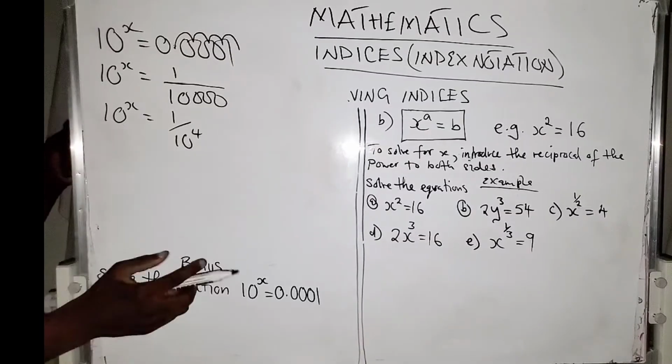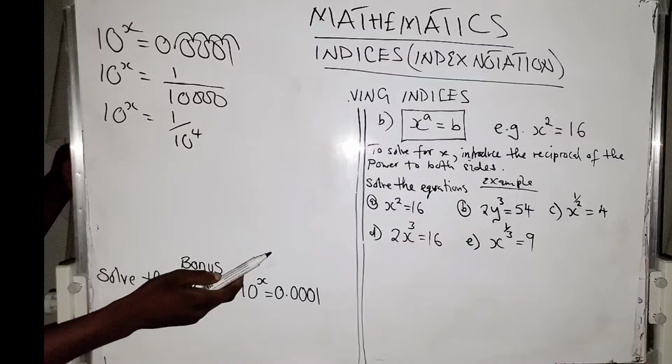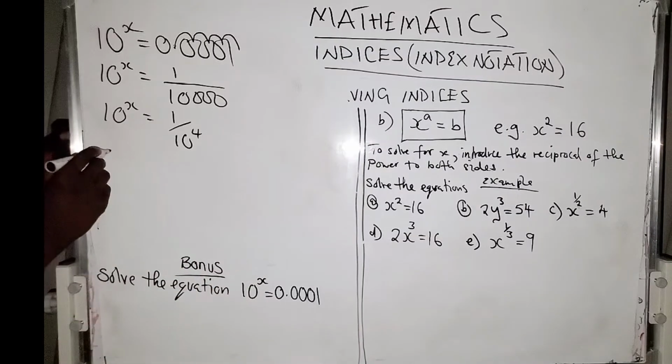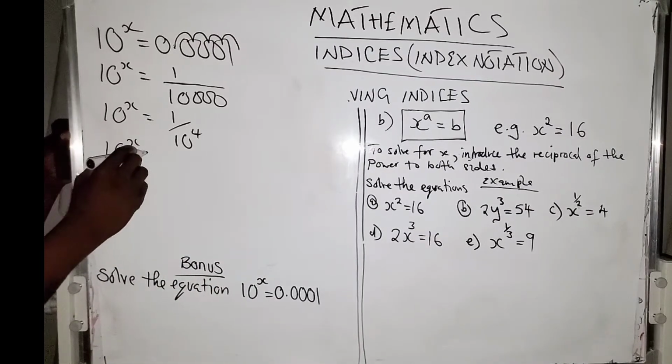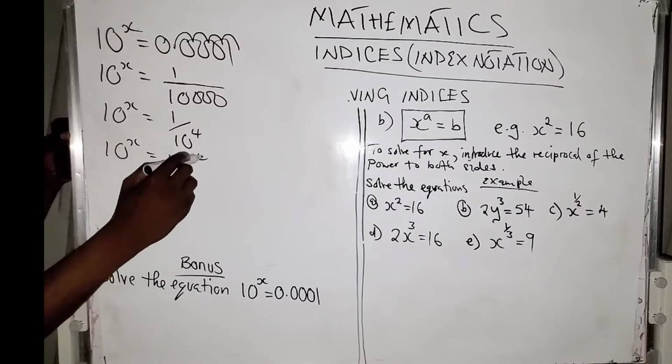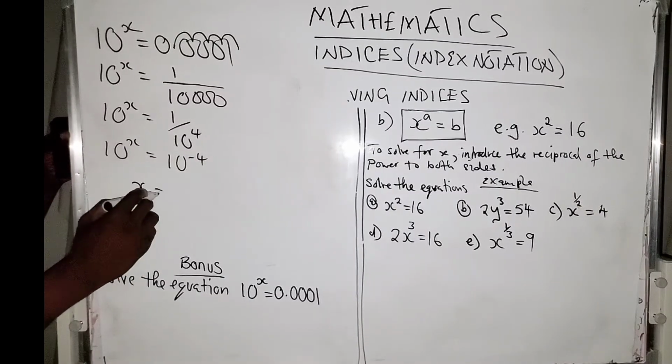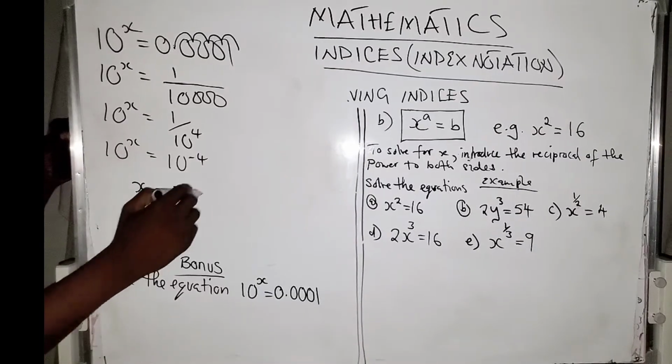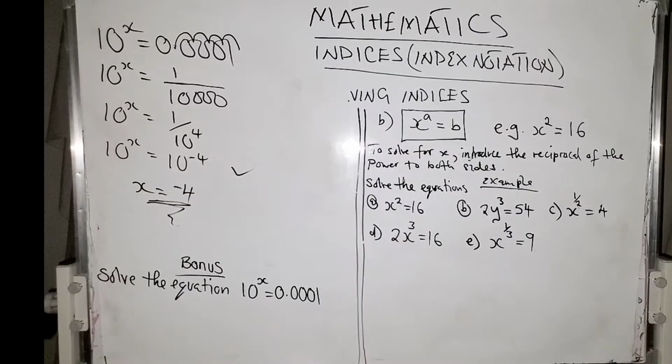You can do like what we've done with 1 over 125. So 10 to the power x is equal to 10 to the power negative 4. Then x is equal to negative 4. Okay? This is also acceptable.